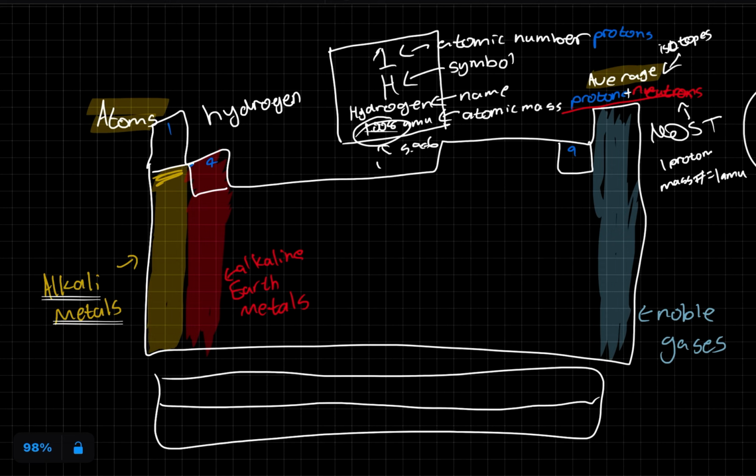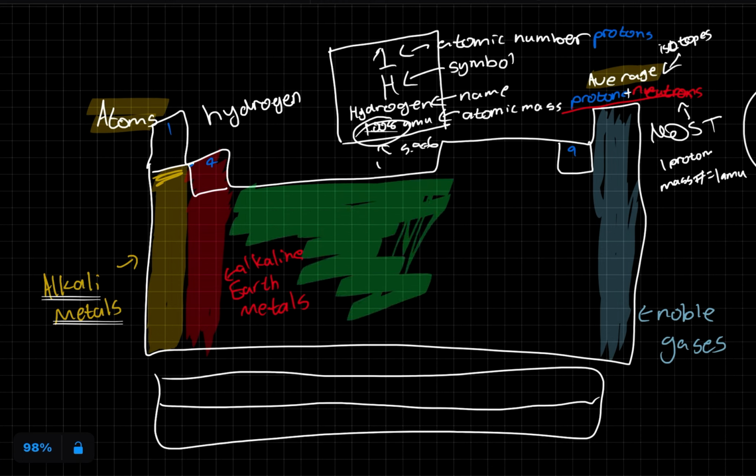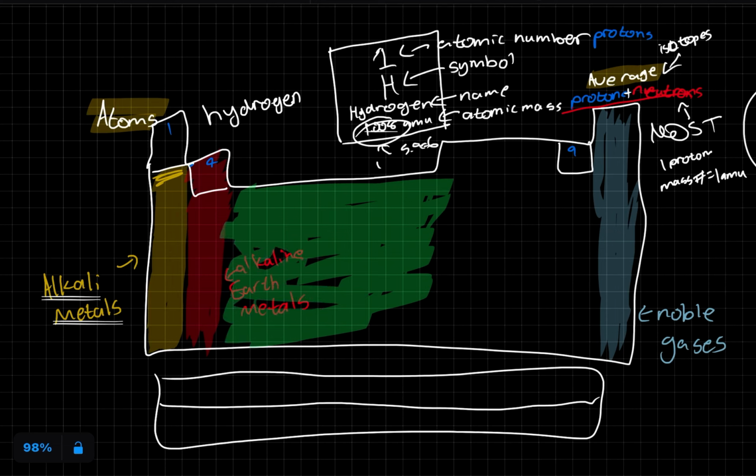Okay, and here there's lovely space in the middle. You don't really need to know anything about this space for now. It's a bit too complicated to try to understand, but this space right here is called transition metals.